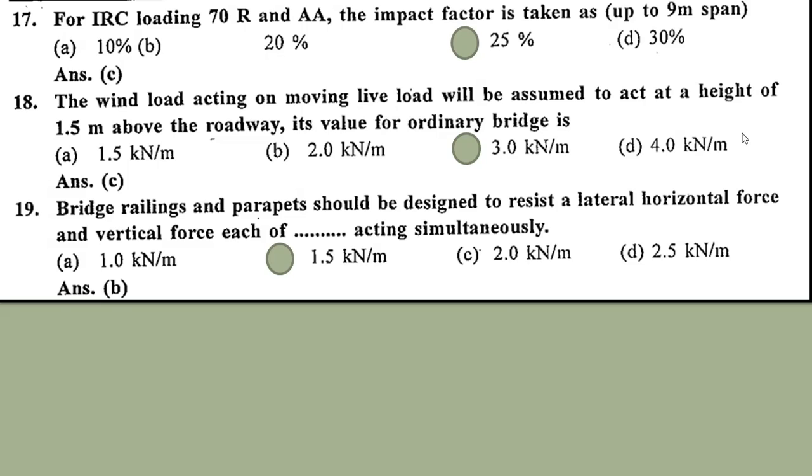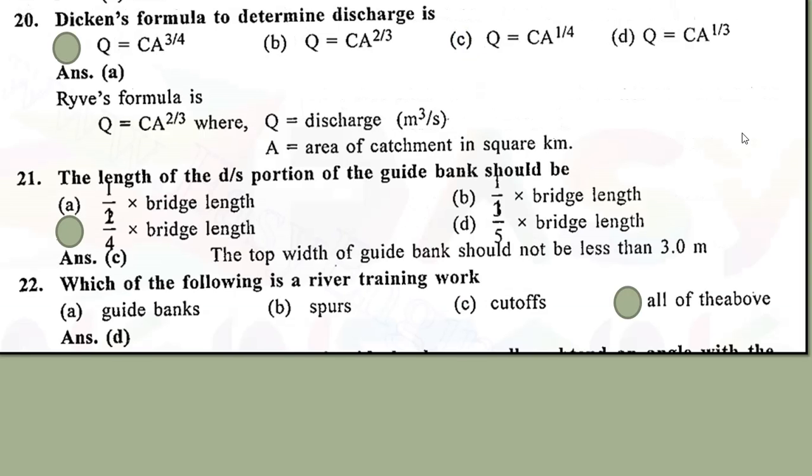Now, Dickens formula to determine discharge is Q is equal to C into A raised to 3 by 4. Ryves formula is Q is equal to C into A raised to 2 by 3, where Q is discharge in meter cube per second, and A is the area of catchment in square kilometer.